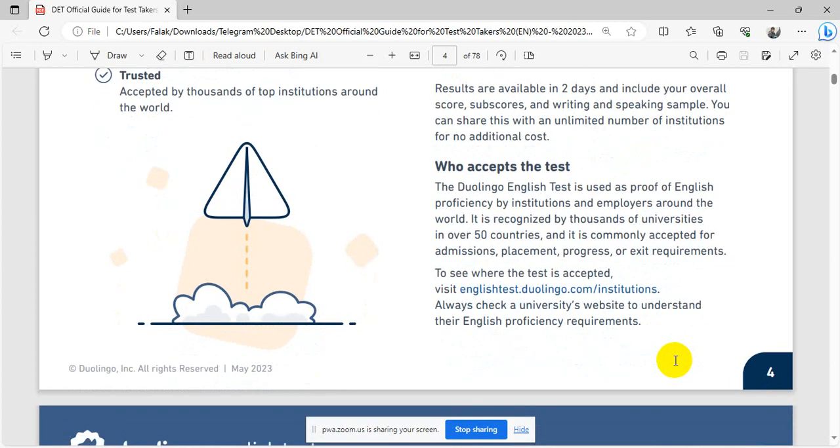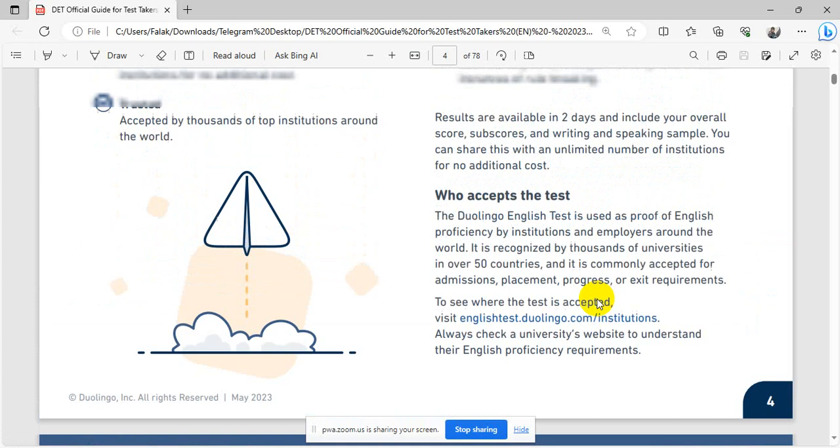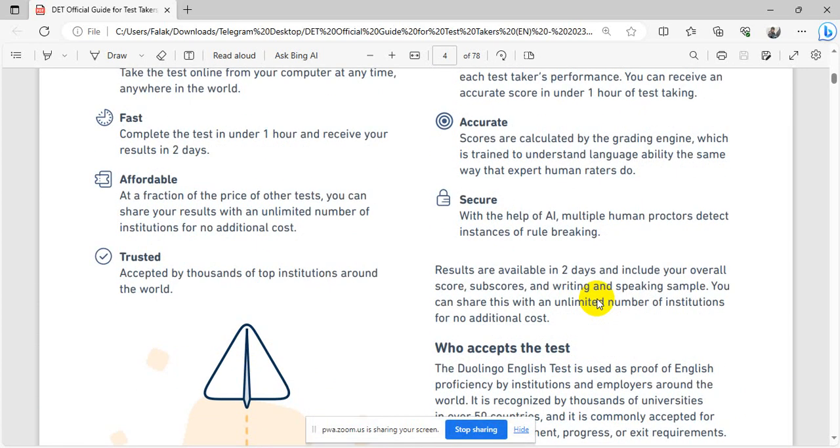So to see where the test is accepted, there is a link, englishtest.duolingo.com/institutions, and you can just check it out. And always check a university's website to understand your English proficiency requirements. Guys, when you want to apply for universities, particularly American colleges, sign into your Common App account and click on a university.